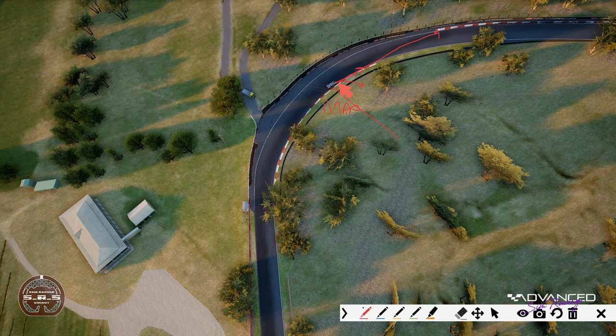Obviously, our arc is going to start to get bigger, right? So if we're turning this much, and then we keep that same steering angle but begin to hit the gas, well, that's obviously going to straighten out, right? So we're not going to have the same turning radius as we were before. So that's okay if the exit is here. But if the exit is here, then you're in trouble.